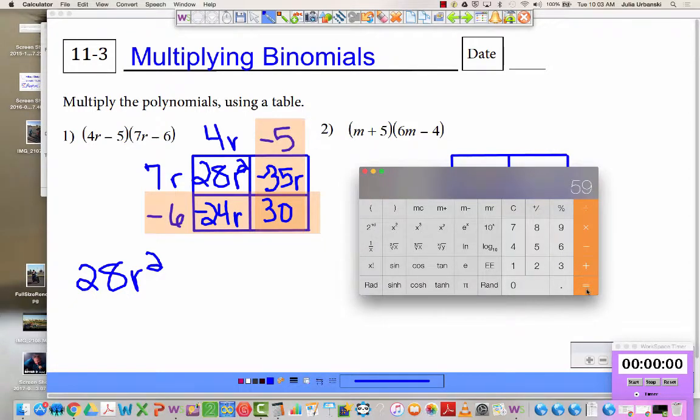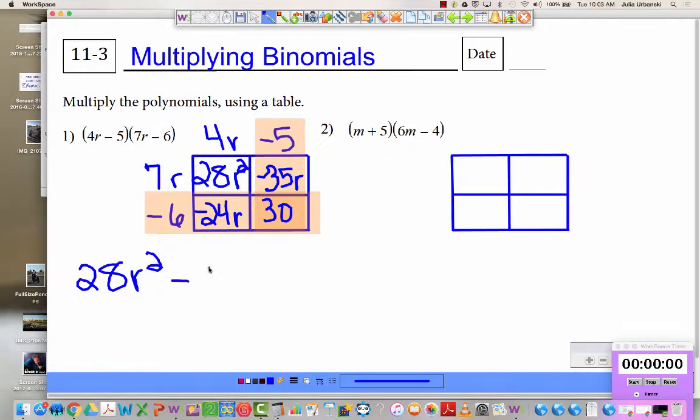So I add them together, I have 59, but since it's a negative plus a negative, I'm going to make it -59. You add and keep the sign. If one's opposite from the other, then you subtract and keep the bigger sign. And then this 30 has nothing to combine with, so I make it +30 since there's no negative in front of it. And that's all you do. You multiply all the columns and all the rows, and then you write it in standard form.